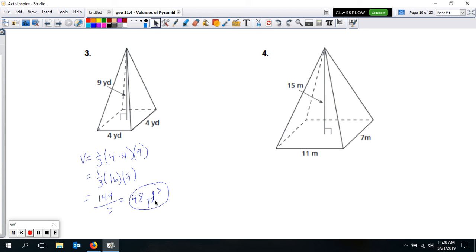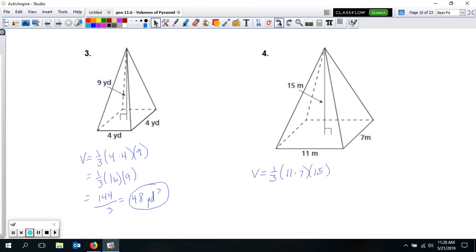So don't forget the cubic units. On the next one, it's a rectangular base. 11 and 7 are the dimensions, the length and the width of this base. Again, there's your height right down the center in the middle of this pyramid. 15 meters is the height. So it's going to be 1/3, and just length times width for a rectangular base, 11 times 7, times the 15.